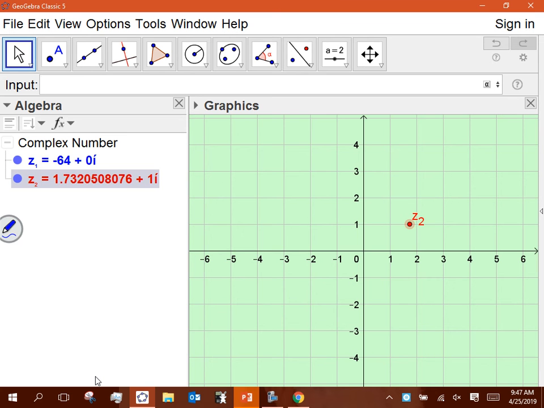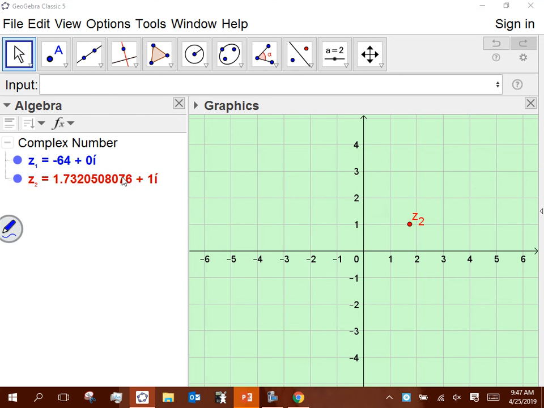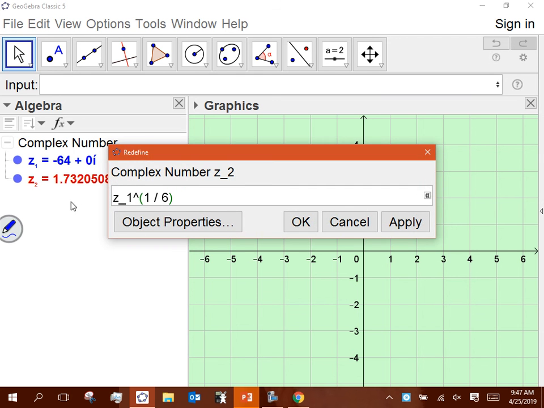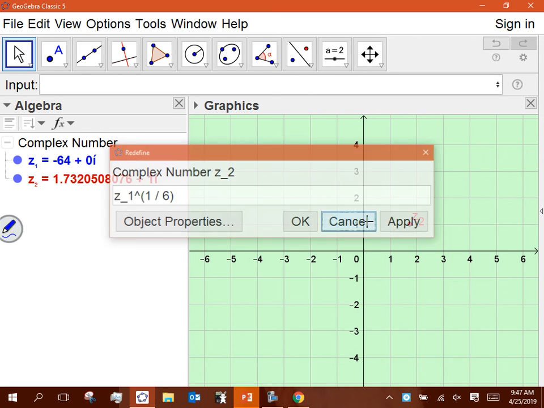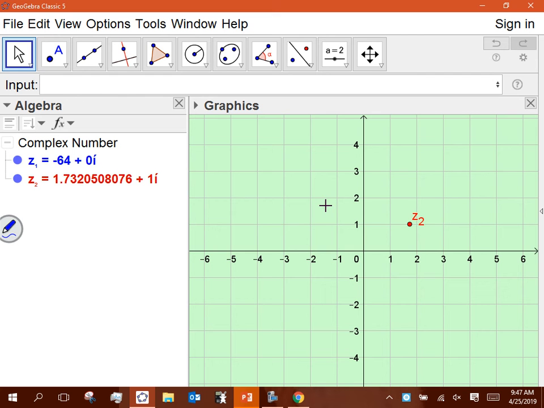It only gives me one of them. Now maybe we can do some formula stuff here to find the other ones, but I think that's going to be more involved algebra than what's necessary. So I'll see if there's a command that will give me all 6 of those.